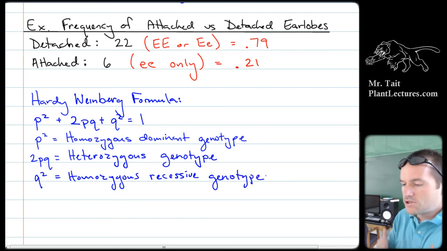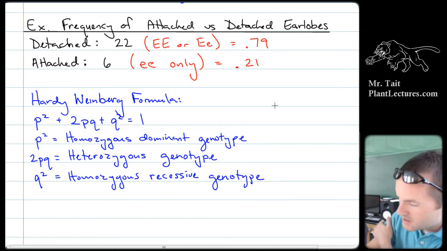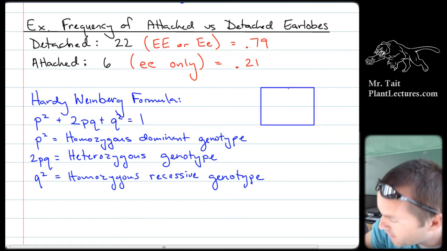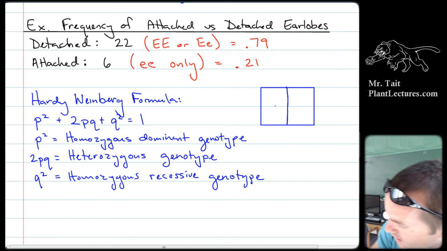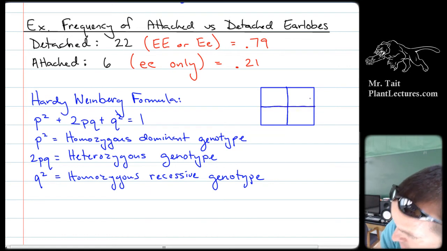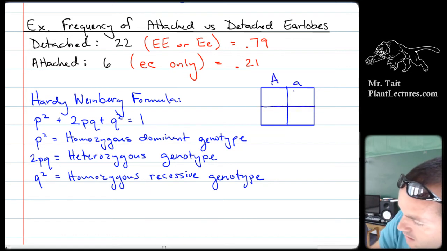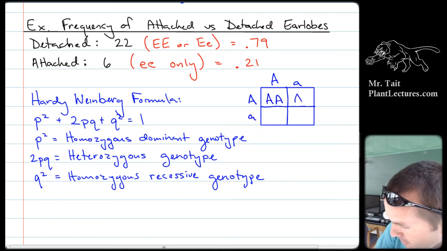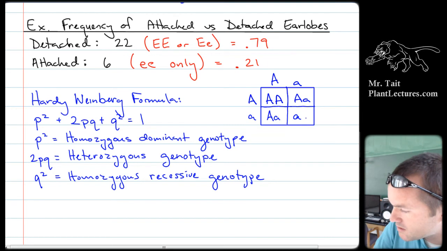Okay, and I'm going to show you really quick where these come from, because I think it'll make more sense and help you remember it a little bit. So if you have a Punnett square like this, and you have a monohybrid cross like this, you end up with something like that.